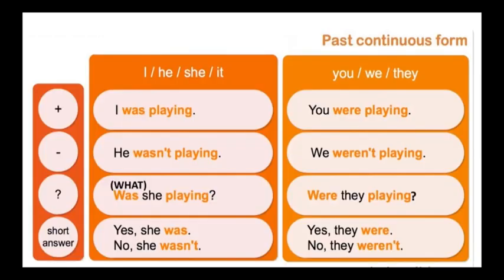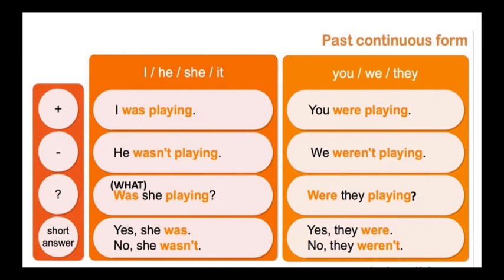The past continuous is formed of was or were and ing verb form. I was playing. You were playing. Negative sentence, wasn't or weren't, and again ing verb form, he wasn't playing. We weren't playing.